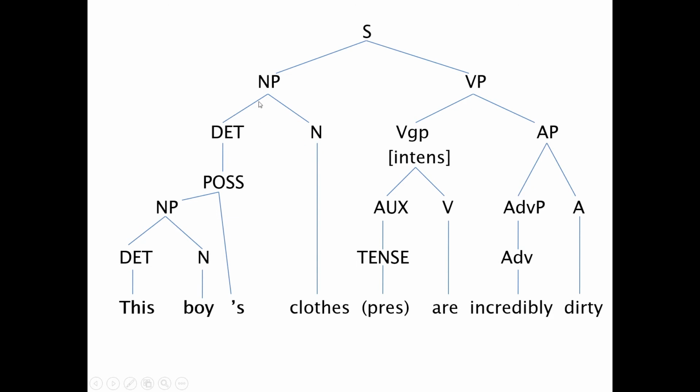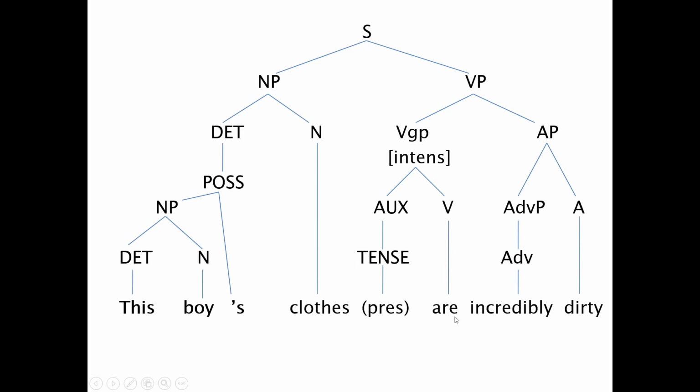The noun phrase is boy, so we have the noun. Or you can say the noun phrase is divided into two elements, the determiner and the noun. So we have to say the clothes. So once again, the clothes are incredibly dirty. You see this?